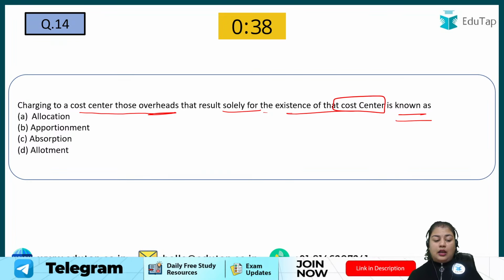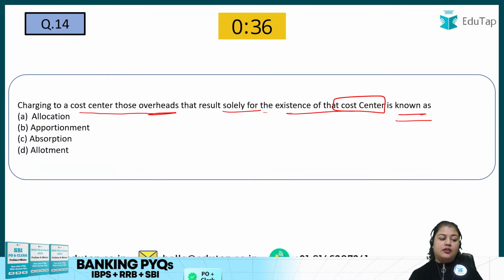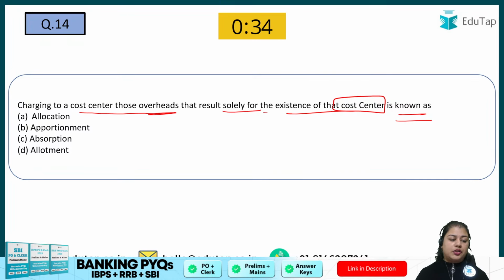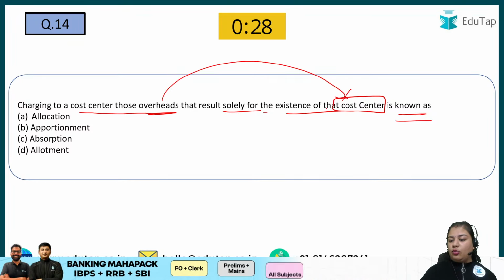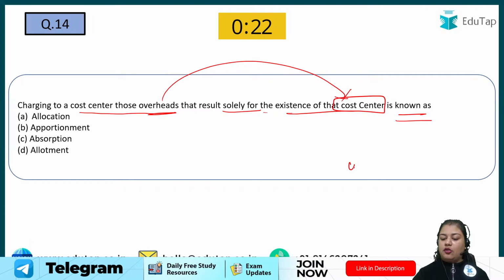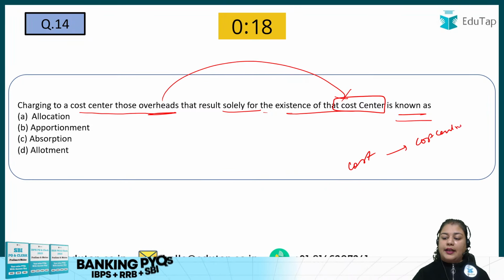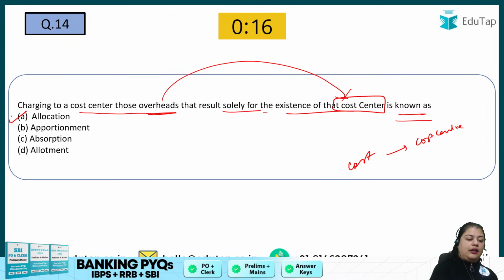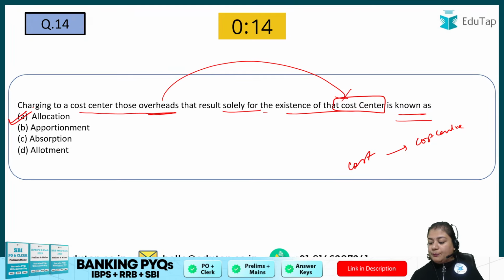So you should know the concepts of overheads to answer such questions. When I can easily identify that this cost belongs to this cost center, what can I do? I can allocate it, right? I can directly allocate it.